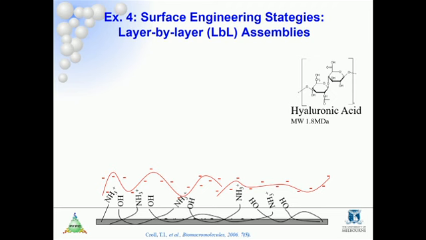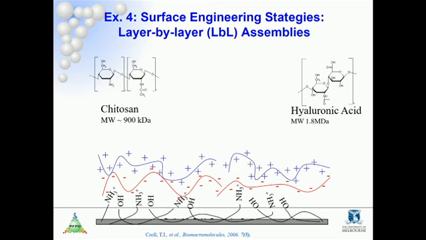So we chose hyaluronic acid. As we saw in the hydrogel example, it's a nice polymer, a high molecular weight polymer that is present in our bodies, and it has a lot of negative charges on it. So it's polyanionic, and it will be attracted to the amine groups on this surface just by electrostatics. So we've got a coating then of polymer on the surface, but one layer is not enough.